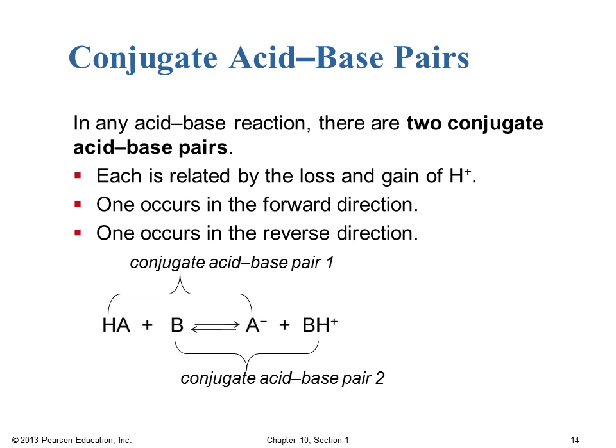And so we often look at conjugate acid-base pairs in a reaction with acids and bases. A conjugate acid-base pair relate to one another by the loss and gain of a single H+. One will occur in the forward and one will occur in the reverse. So if you lose the H+ in the forward, you're gaining the H+ in the reverse, and vice versa.